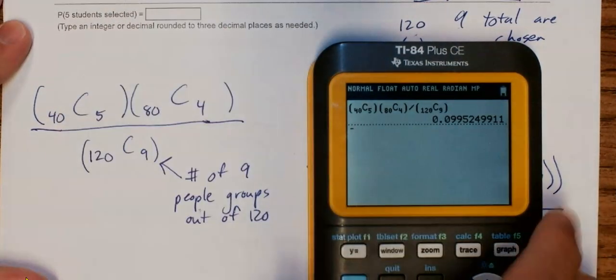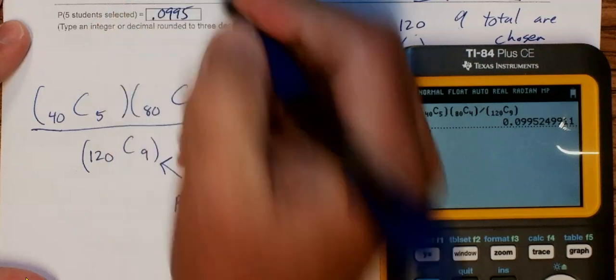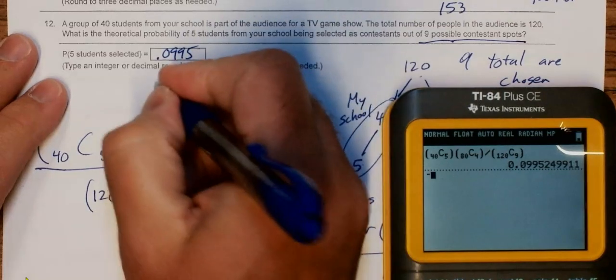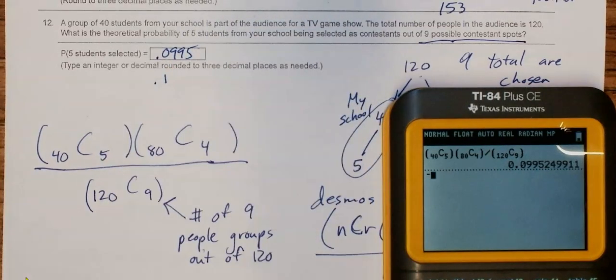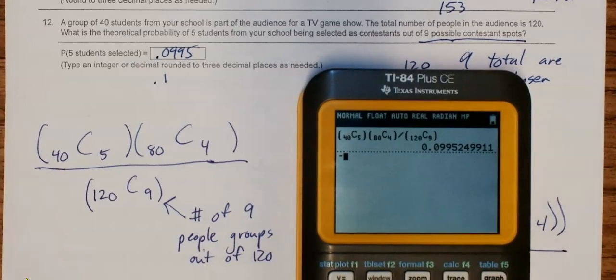Now, obviously, if you round that off to the tenths place, that would be 0.1, which is pretty close. And if you're going to show me the work, I'm not going to argue with you if you round that to 0.1. Anybody have a question on that one?